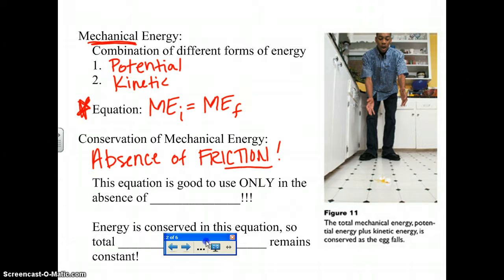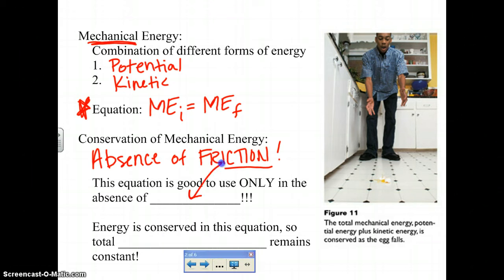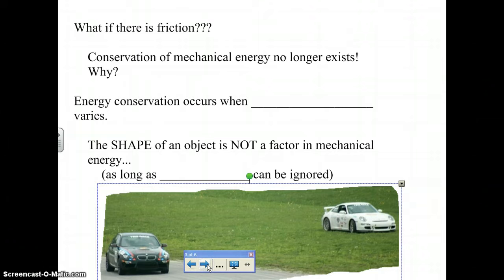So this equation is good and only used in the absence of friction, and energy is conserved in this equation, so the total energy remains constant. Okay, the total mechanical energy will remain constant.